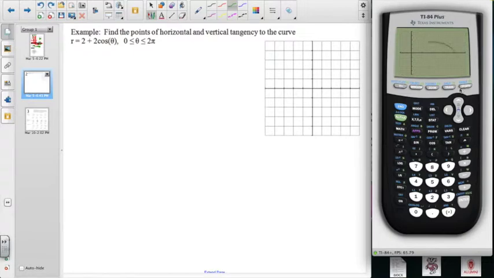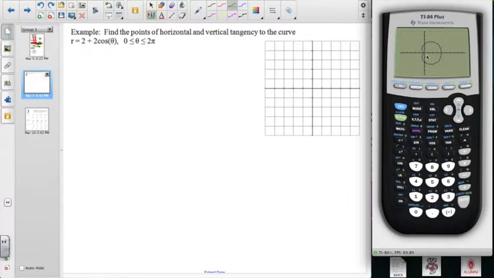Taking a look at that window, we have this thing that kind of looks like a circle or an ellipse with a dent in it. I'm going to square out this window to see what it really looks like on a square grid. So there we go. It looks like this with a little bit of a dent in it.